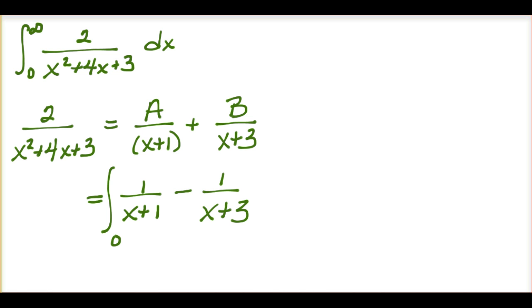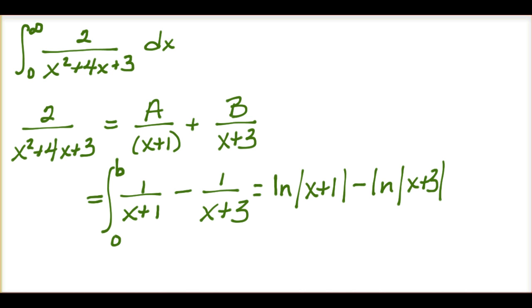And instead of going from 0 to infinity, I'm going to go from 0 to b. So we're going to get the natural log of x plus 1 minus the natural log of x plus 3. We're going to stick in b and 0.